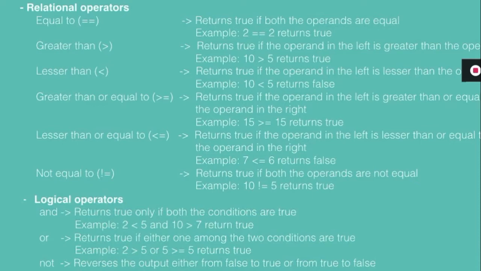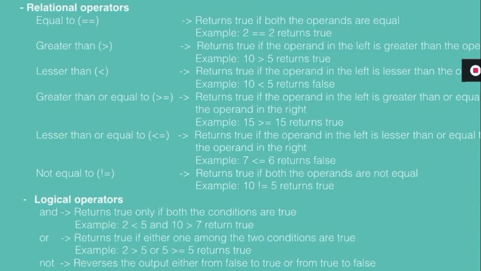Next we come to the OR operator. It returns true if either of the conditions is true. In all of them, we first evaluate the condition, and then we come to the part where it says true or false. So first, 2 is greater than 5, and we know that it's false.